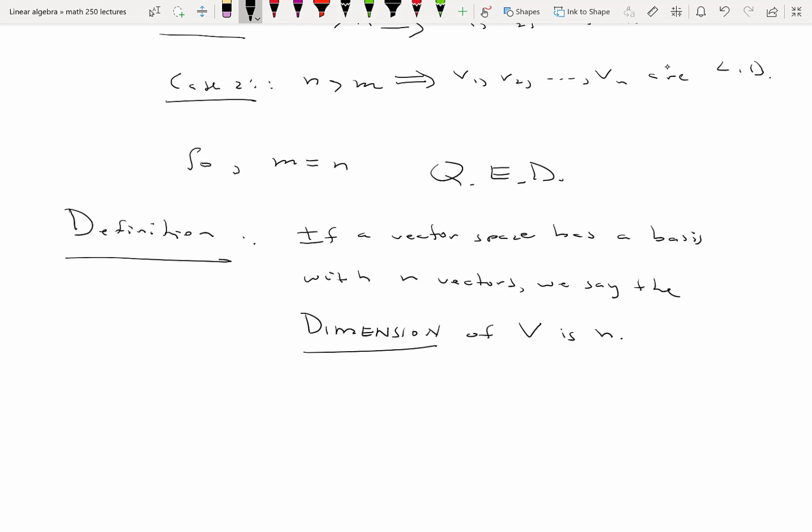So n, the number of vectors in every basis for a vector space, is called the dimension of the vector space.